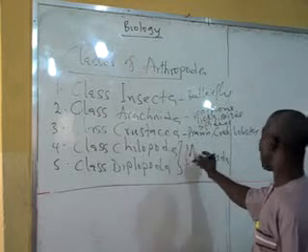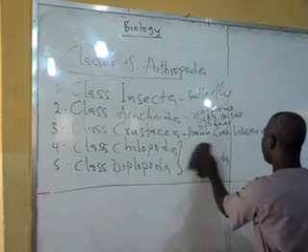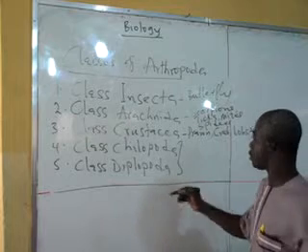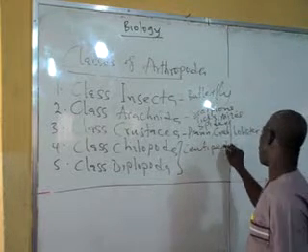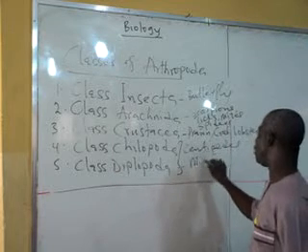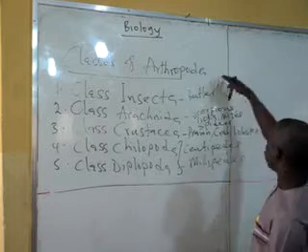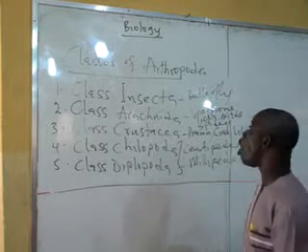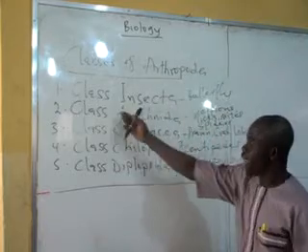Then Chilopoda are the centipedes, while the Diplopoda are the millipedes. So all of these organisms that we have listed belong to phylum Arthropoda, but they are in different classes.